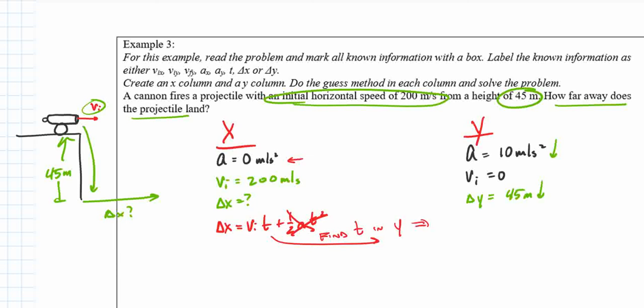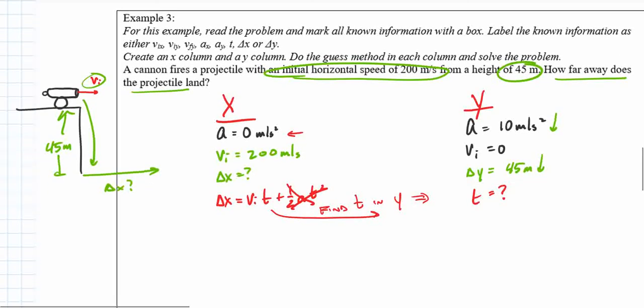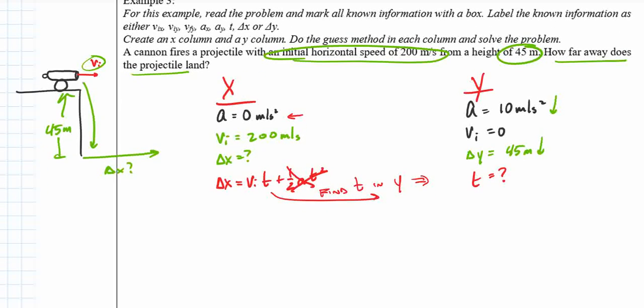We're going to find time with our y information. So for all that y information, time is an unknown. All of this stuff is in the equation delta y is equal to v initial times time plus 1/2 acceleration times time squared. So with all the information we have, we can plug it in, right?